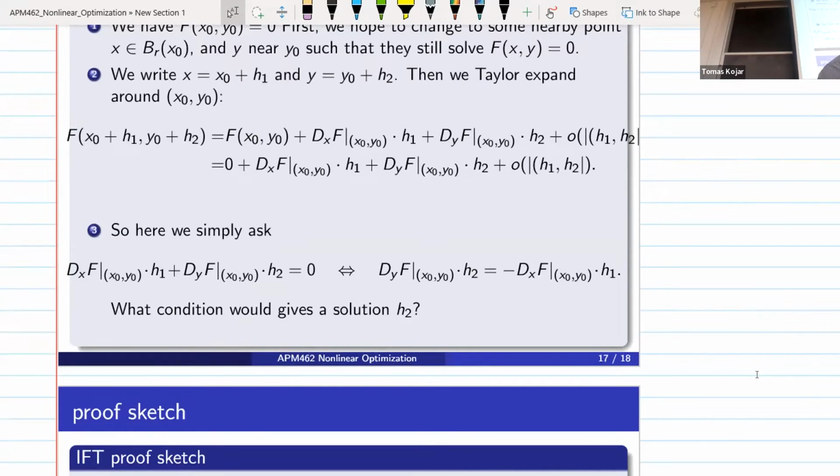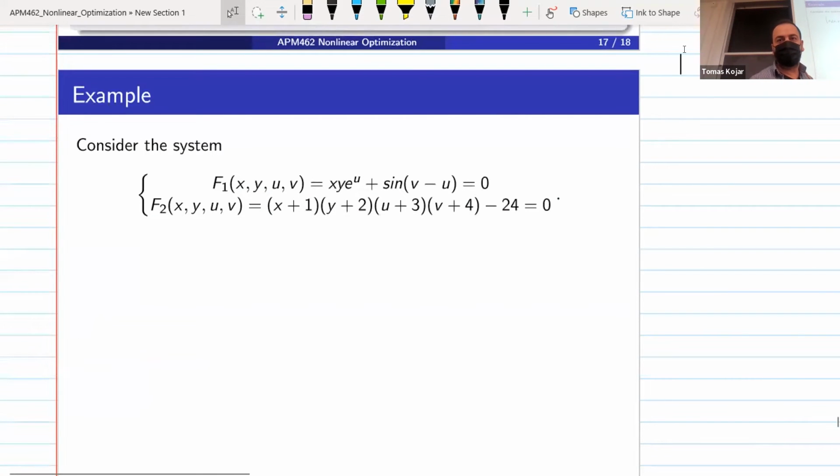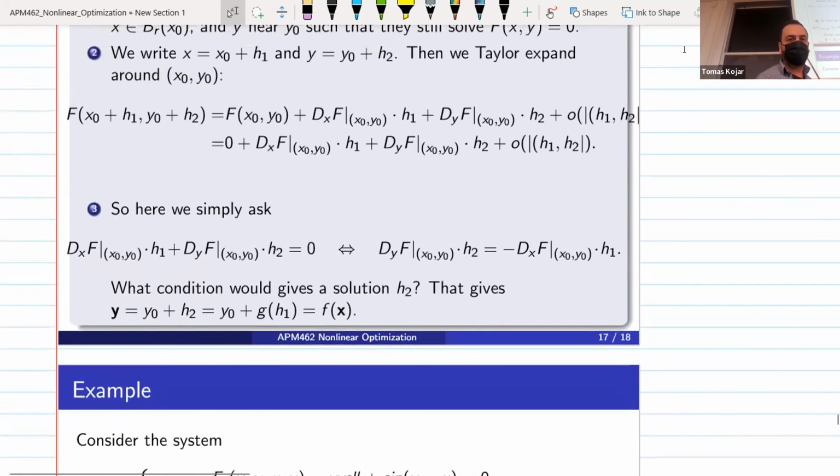You have your x and your y, and then you want this guy to still be zero. So you set it to be zero, which gives you this system. And then by linear algebra, to solve it, you need this Jacobian to be invertible. It's very simple.